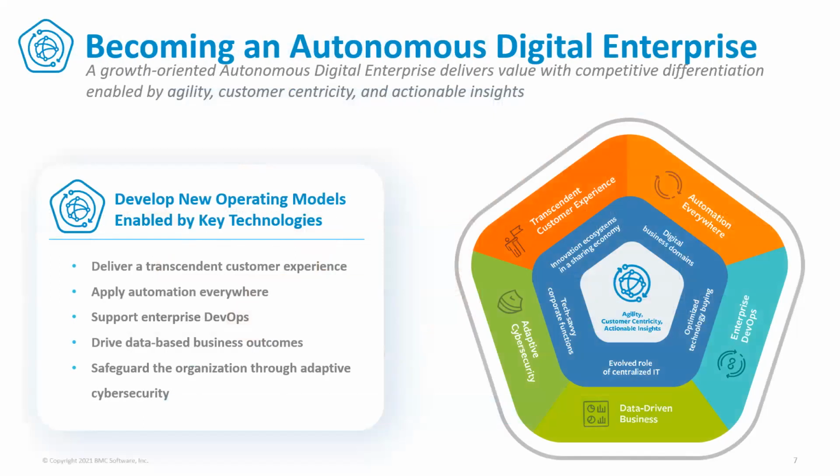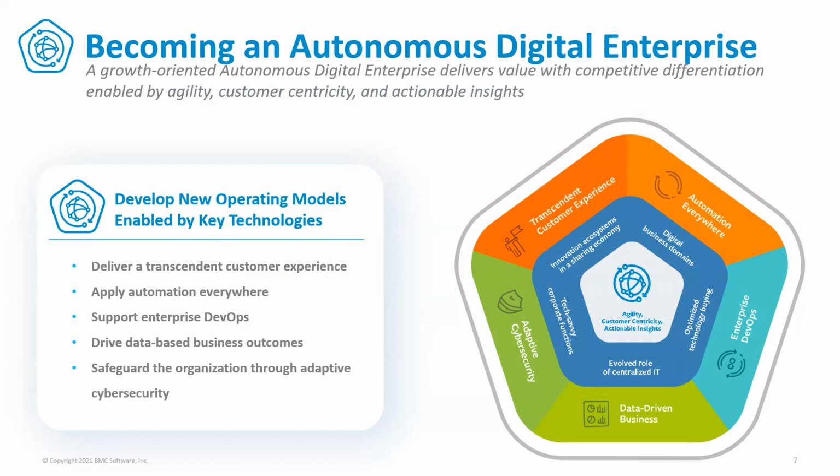Next slide, please. So here, probably some of you may have heard about this. This is primarily our, let's say, direction or strategy to help our customers become an autonomous digital enterprise. What does autonomous digital enterprise entail? It primarily entails 5 tenets, which are on the right side.